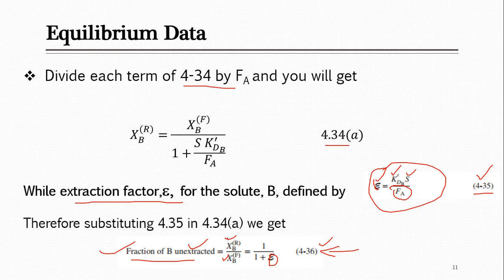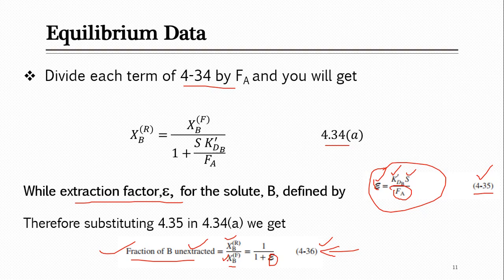So XBF will be equal to mass of B in feed divided by mass of A in feed. Mass of A in feed as well as mass of B in feed is known, you know already. So you can calculate this XBF factor.